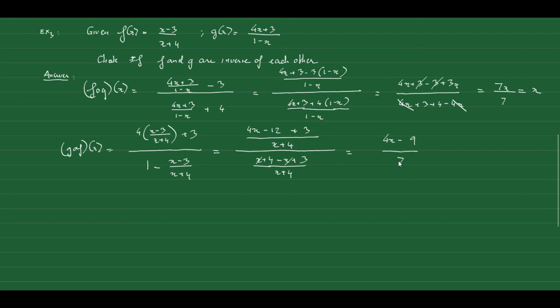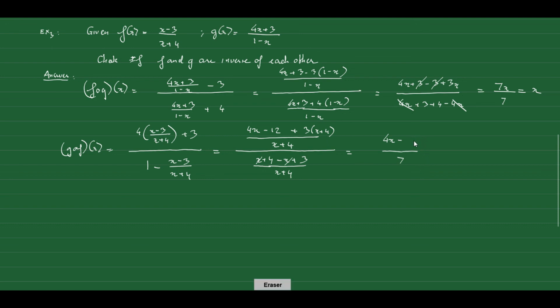I don't think I have anything wrong, right? It's 4x minus 3 over x plus 4 times 4 over there. Oh yeah. I forgot to find the LCD here. So x plus 4 right here.